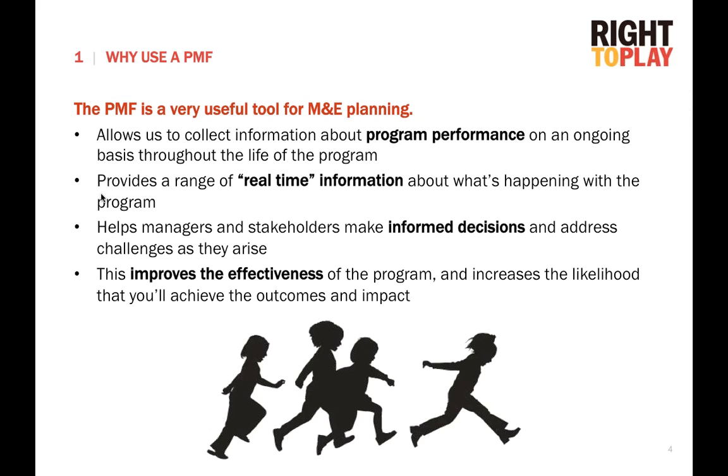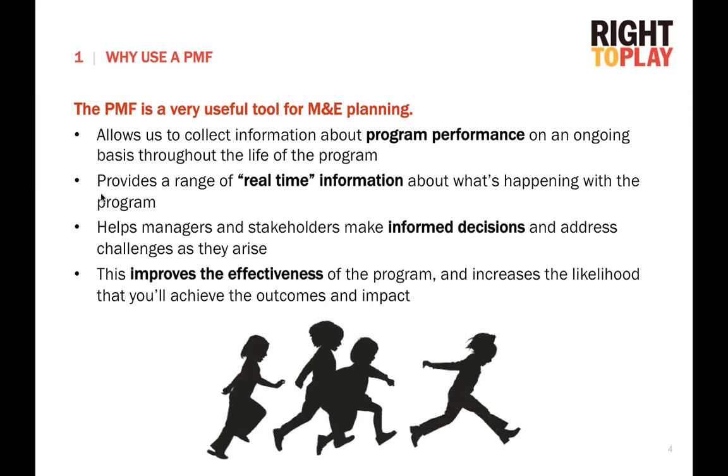So the PMF summarizes your M&E plan, usually on a one-page document that is easy to read and that clearly shows the logical flow of the measurement process as it relates to your expected results. And so in that sense, it can be a very useful tool. And it's great to have this one-page M&E program plan or map that you can refer to. It allows us to collect information about the program performance over the life of a program.